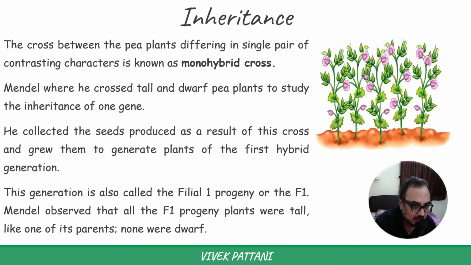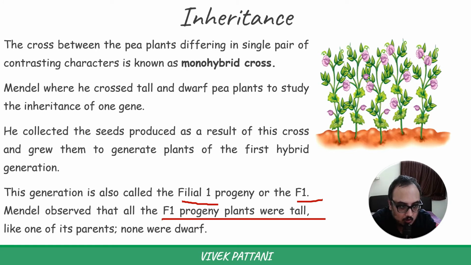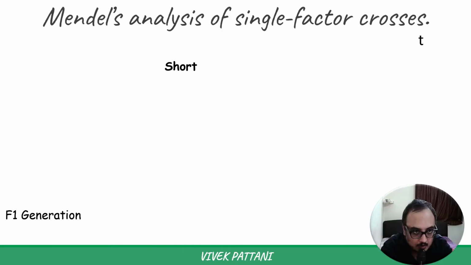He collected the seeds produced as a result of his cross and grew them to generate plants of the first hybrid generation, also known as the filial one progeny or F1 generation, and observed that all the F1 progeny were tall like one of its parents, and none were dwarf.